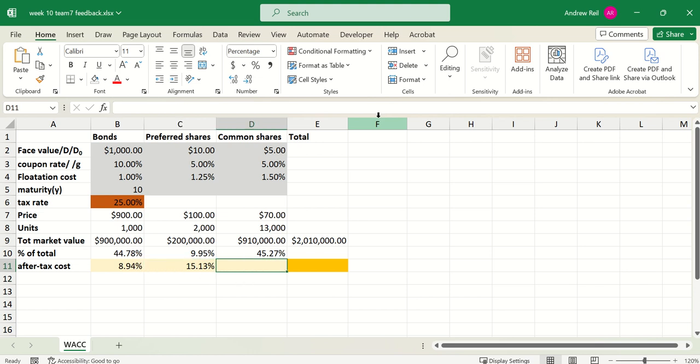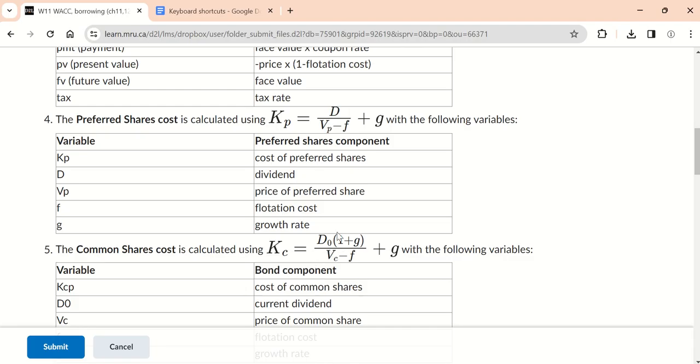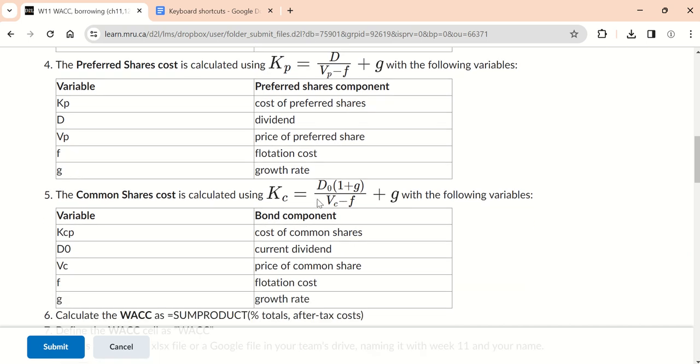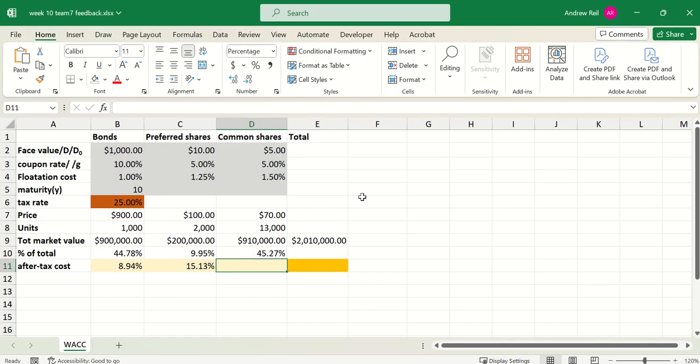And then the cost of common shares, that one is D0, which is the current year's dividend, times 1 plus the growth rate, divided by, and the same thing, price minus, and we have to do the 1 times by 1 minus flotation cost, and again plus growth, very similar. So equal, and the numerator I'm going to put in brackets this time too because it's more complex.